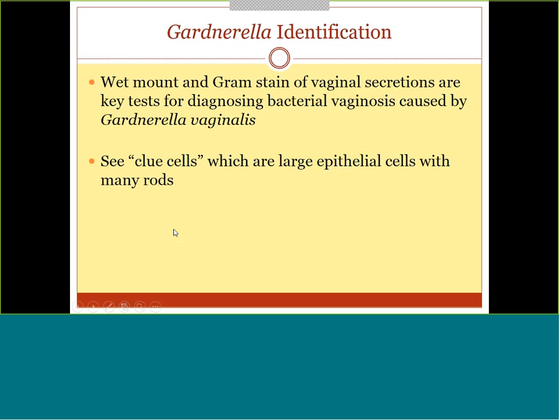As far as Gardnerella goes, I'm not sure if you guys have taken your urinalysis or not. If you have, and I can't remember where they cover it in there, you might have heard of something called clue cells. Clue cells are basically those squamous epithelial cells, which are just off the skin, and they are filled with the Gardnerella vaginalis bacteria. And these are very characteristic for bacterial vaginosis infection.